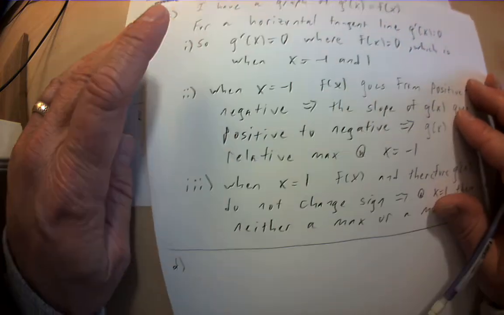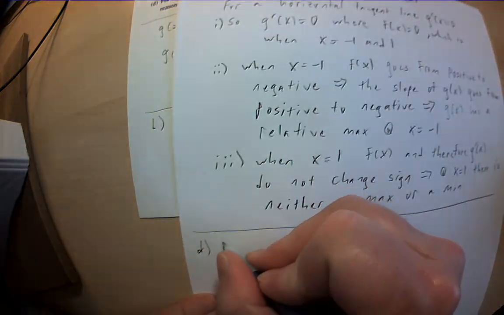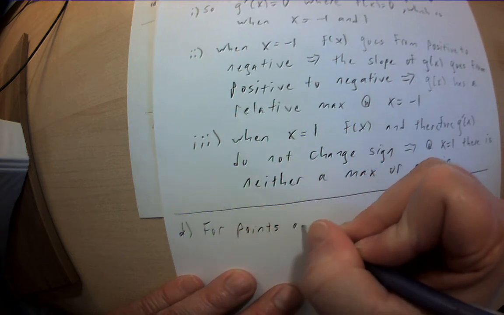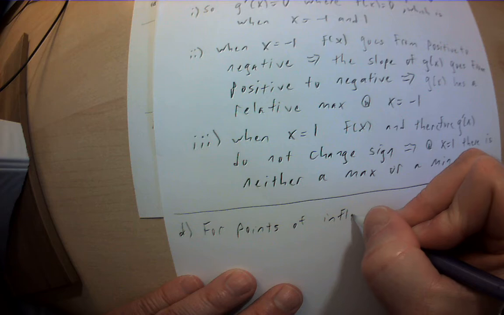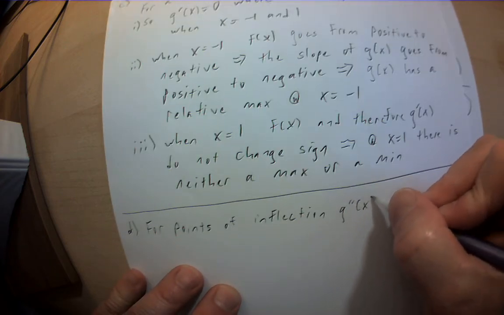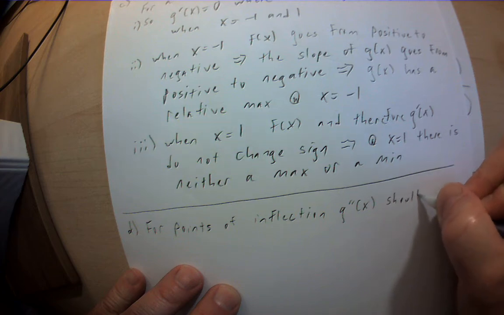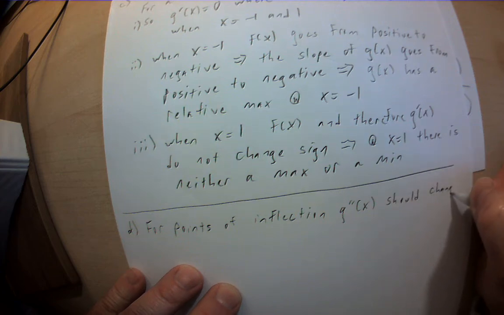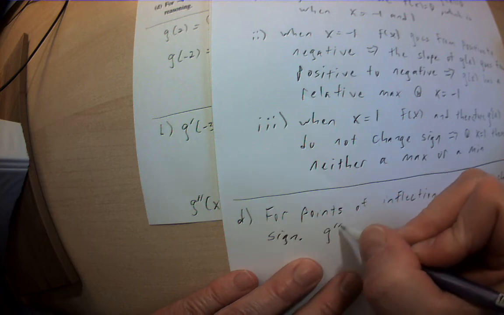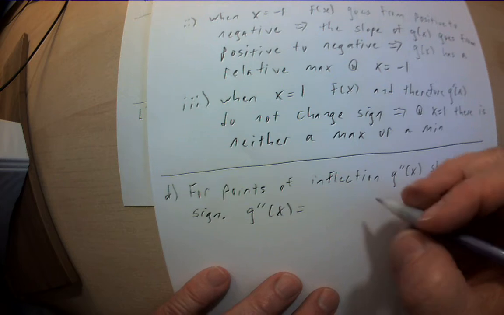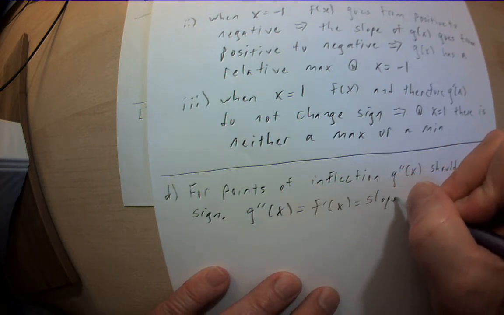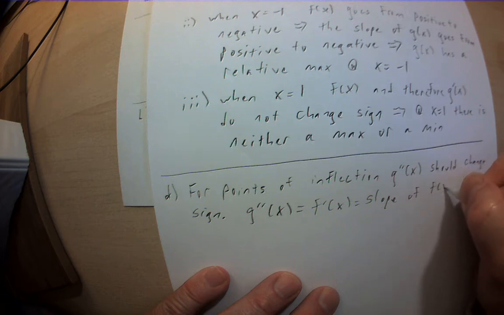So let's go back here. Okay. For points of inflection, G double prime x should change sign. g double prime x is f prime of x, which is the slope of f of x.